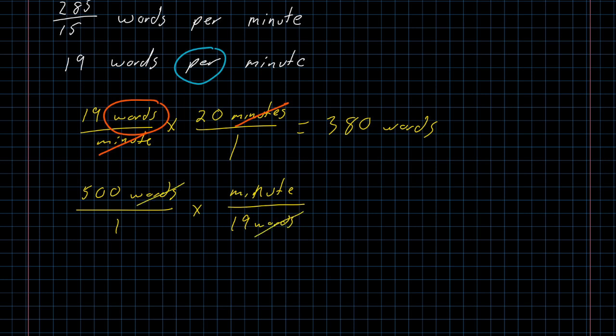In that arrangement, words cancel out. We are left with units of minutes, and my calculator is happy to tell me that 500 divided by 19 is, I'll round it and call it 26 minutes.